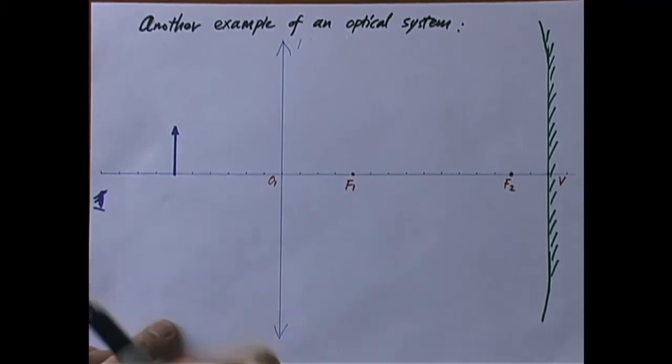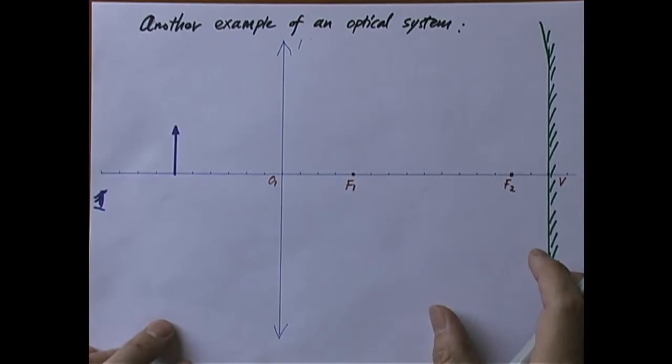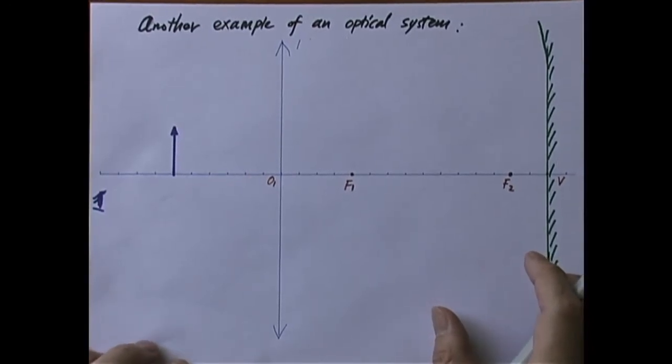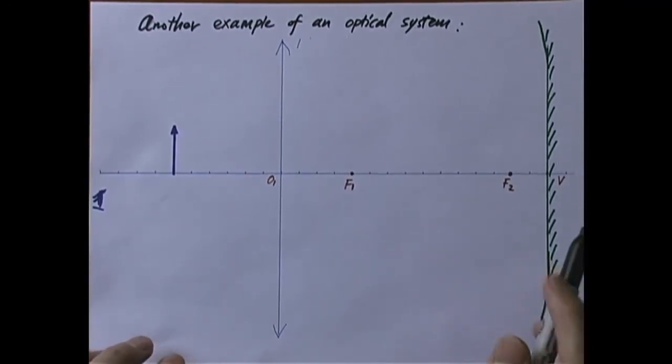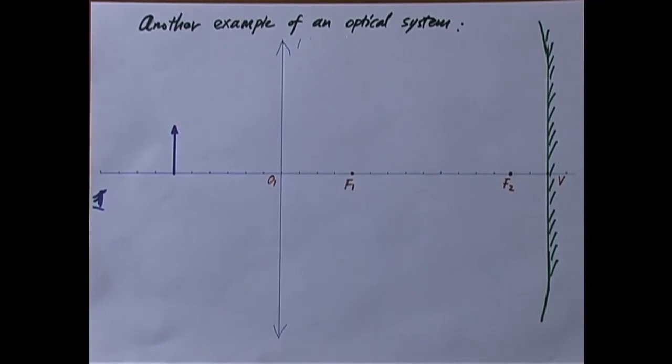And that third image is what you can see. So I'm looking for the location of the third image. Now we can do so by ray tracing. We can also do so by using the lens and mirror equations. So we can do both of them to see if we get the same result.